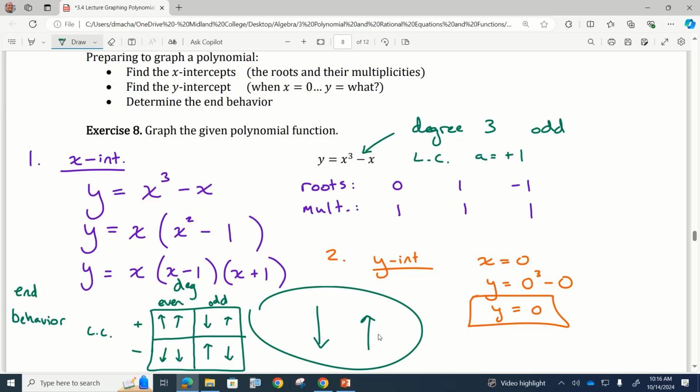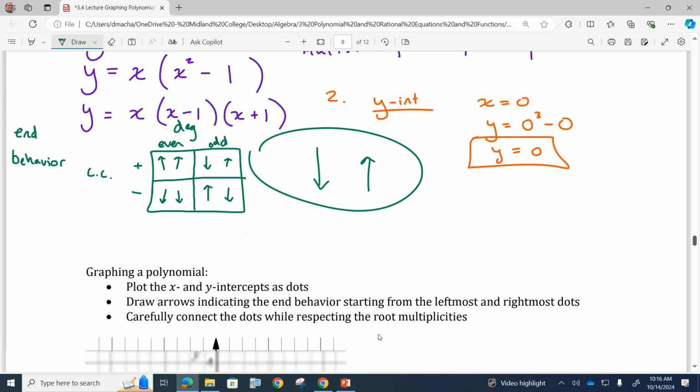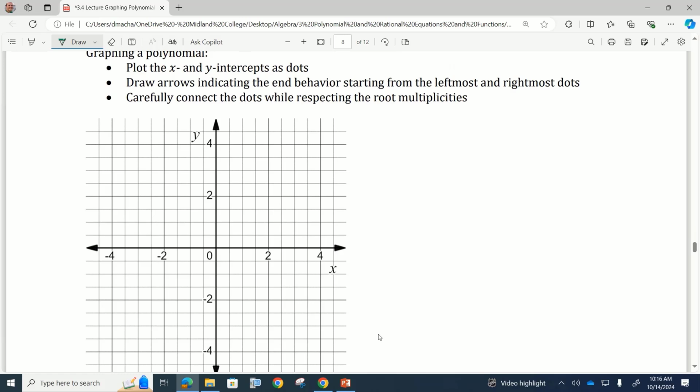Now, we are completely ready to start graphing. And when I start graphing, I'm going to start off by plotting the x and y intercepts. Okay? I have an x-intercept at 0, 1, and -1.